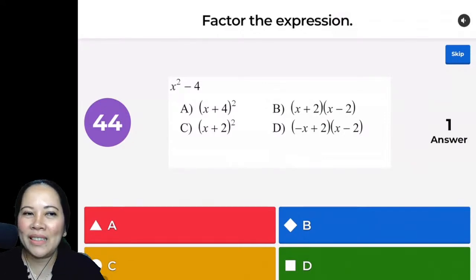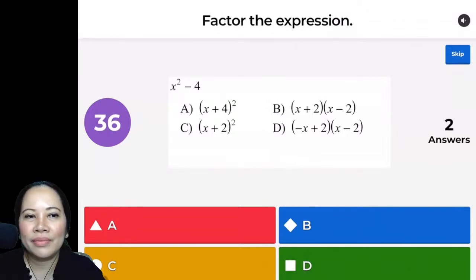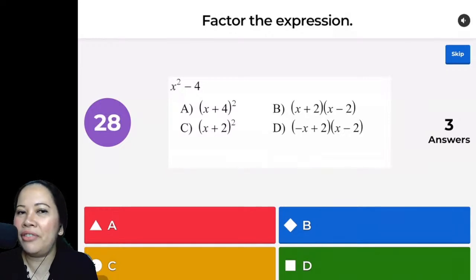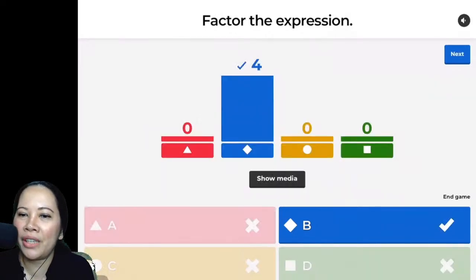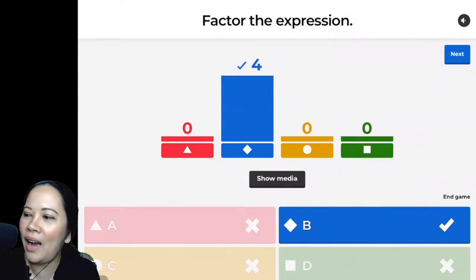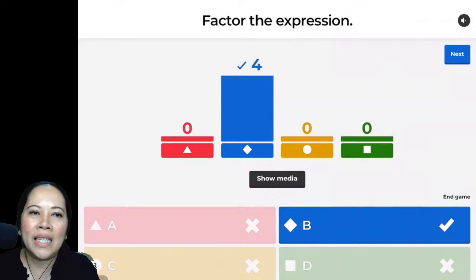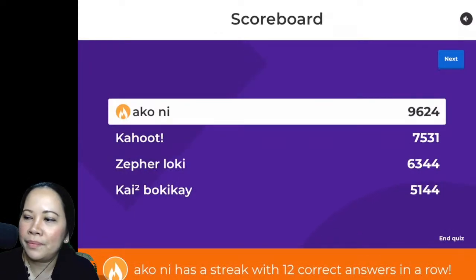Sorry, it's difference of squares. So plus minus if it's difference of squares, and if it's perfect square trinomial, it's minus minus or plus plus. Yes, you're getting it now. Yes, that is correct. It's B.